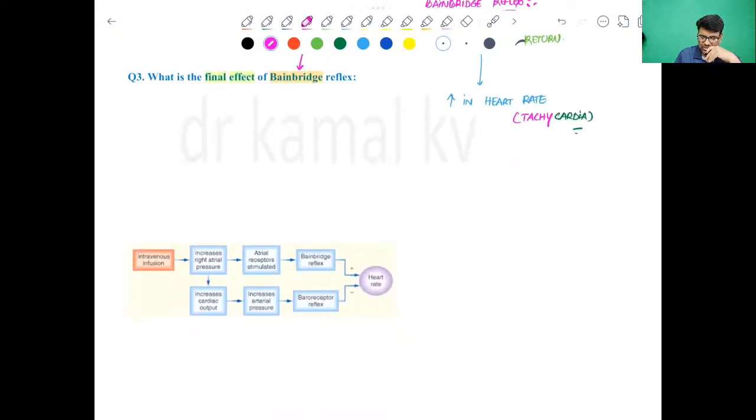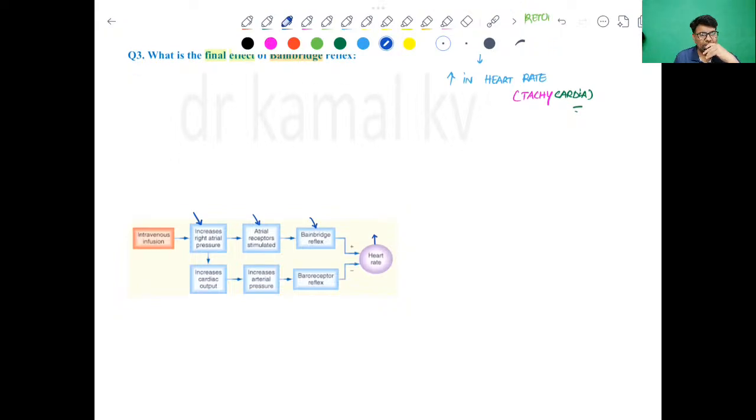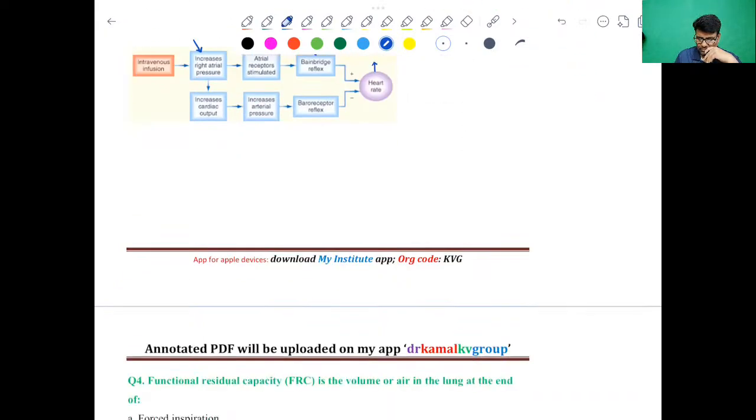So whenever there is increased venous return in the right atrium, there is increase in the right atrial pressure, which will stimulate the receptors, and finally this Bainbridge reflex will make sure that there is increase in heart rate, that is tachycardia, and it just ensures that there is no venous pooling. Okay, so this is Bainbridge reflex.